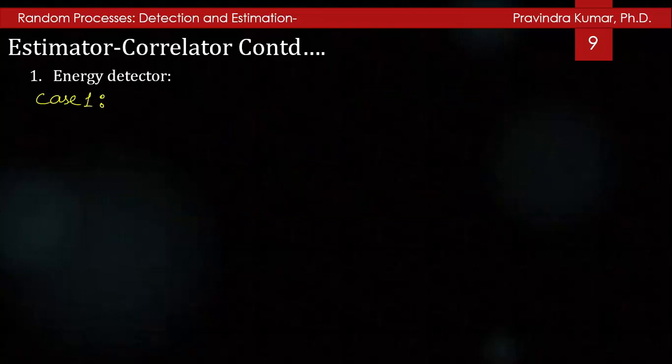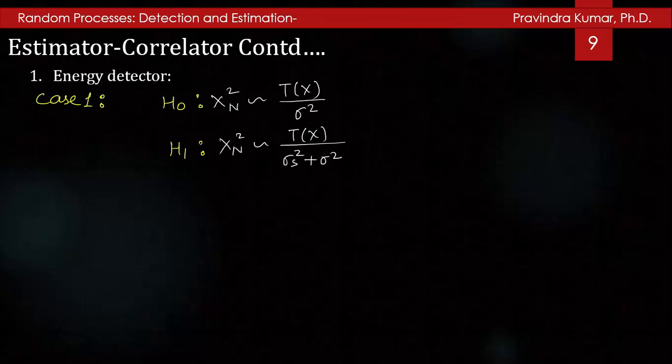Here the test statistic is the sum of the squares of n independent identically distributed Gaussian random variables. So the detector performance under hypothesis H0 is T(x) by sigma square distributed as chi square n, and under hypothesis H1, chi square n, it will be T(x) by sigma s square plus sigma square.